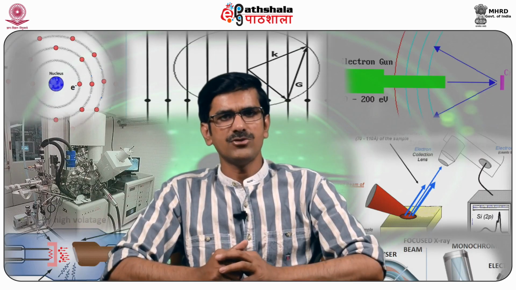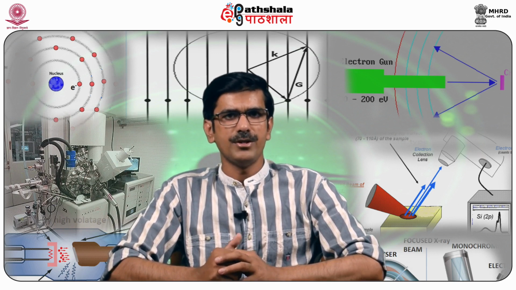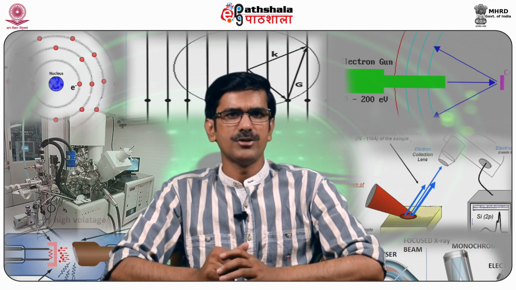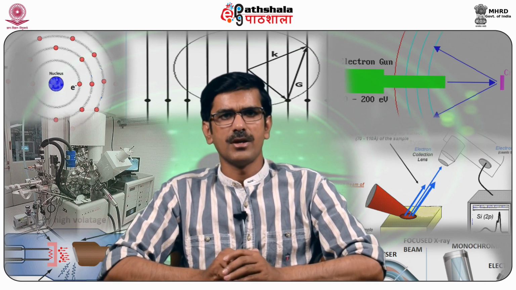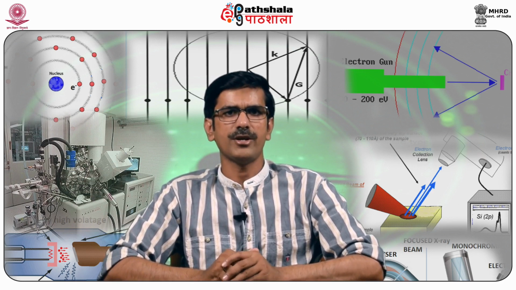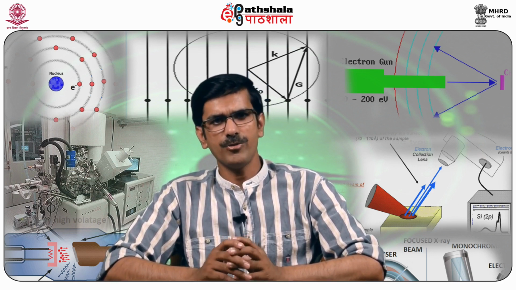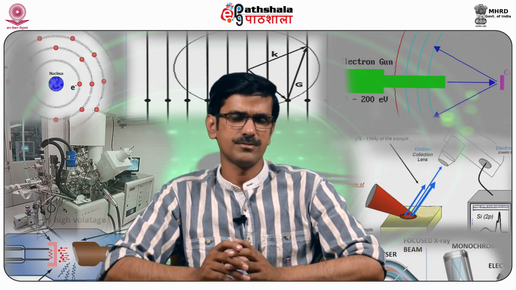So, in order to summarize what we have learned today, the basic requirements for a photoelectron spectrometer are: a source of fixed energy radiation, an electron gun, an electron energy analyzer, a high vacuum environment, and an electron detector.